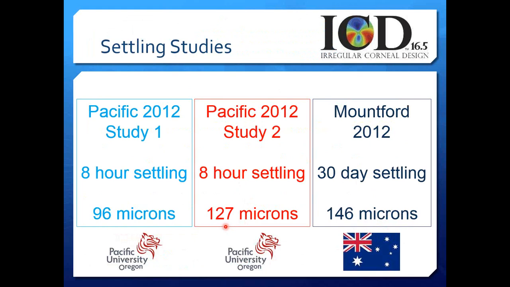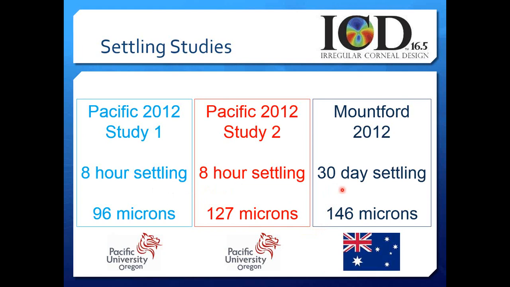Our colleague, one of the co-designers of the ICD lens, John Mountford, did this awesome study over years of analysis. I believe it was 2 years he followed his ICD wearers, and I believe it was 492 eyes that John had fit. And he looked at 30-day settling, where the two Pacific studies were over an 8-hour period.